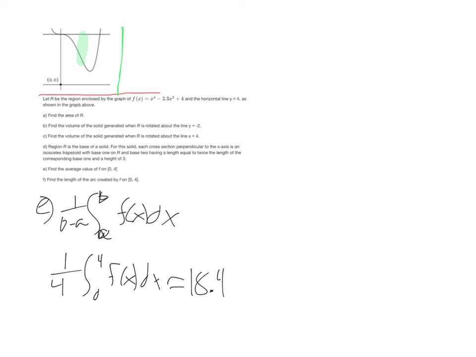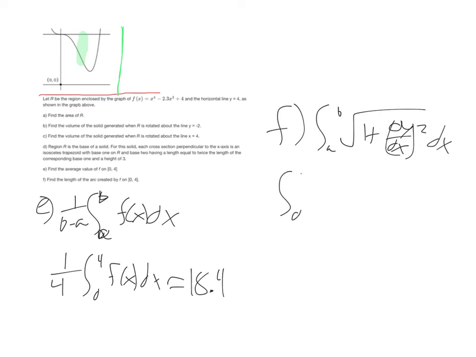And then F, the arc length, so once again we have a formula for that. It's the integral from a to b of the square root of 1 plus the derivative squared dx.